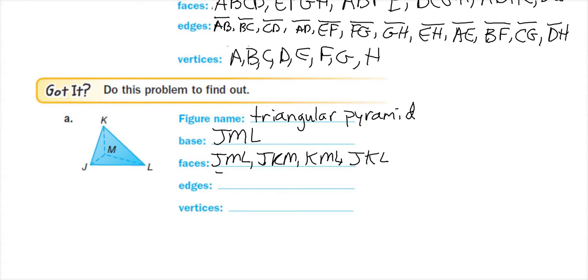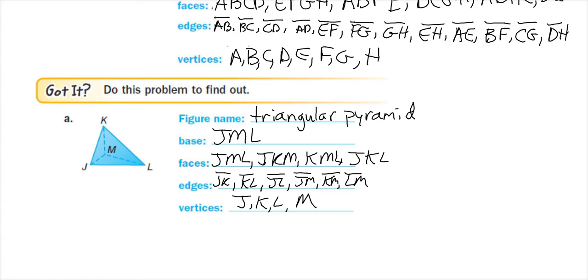The edges are JK, KL, JL, JM, KM, and LM. And then our vertices are J, K, L, M.